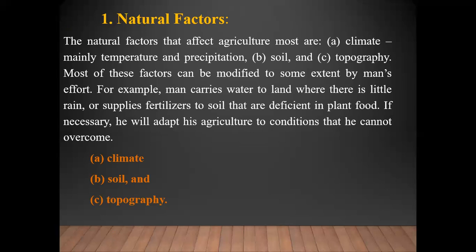And topography affects agriculture as it relates to soil erosion, difficulty of tillage, and poor transportation facilities. Mechanization of agriculture depends entirely on the topography of land. On rough, hilly lands, the use of agricultural machinery is impossible.